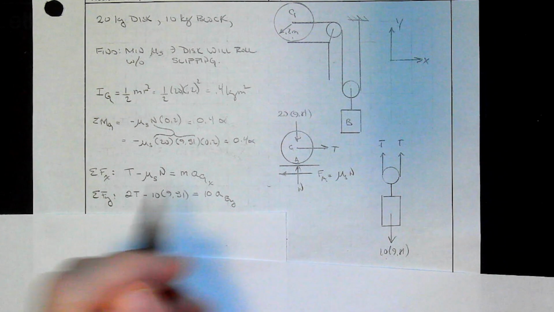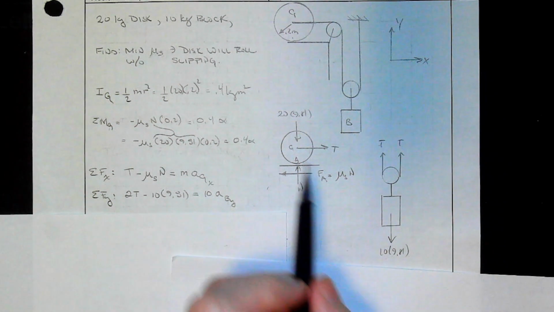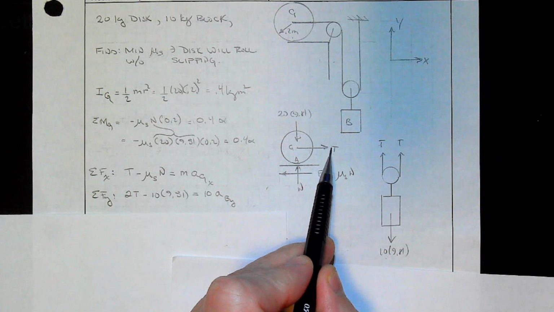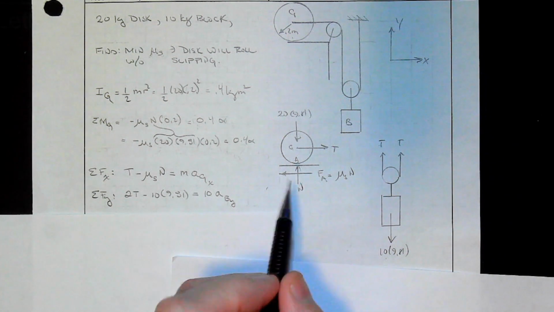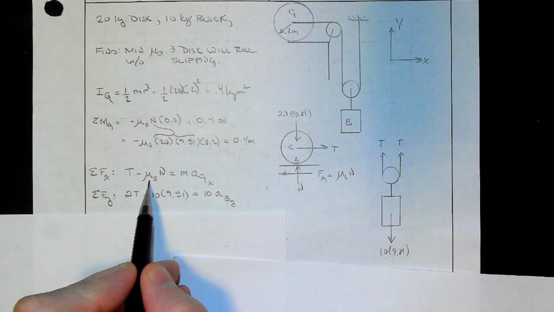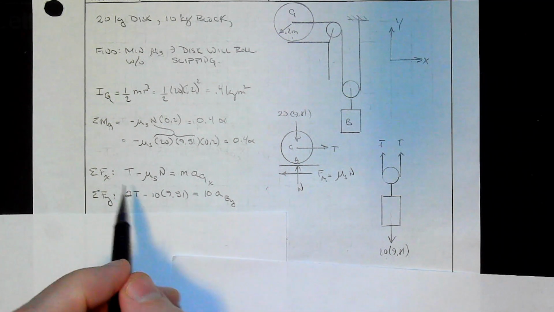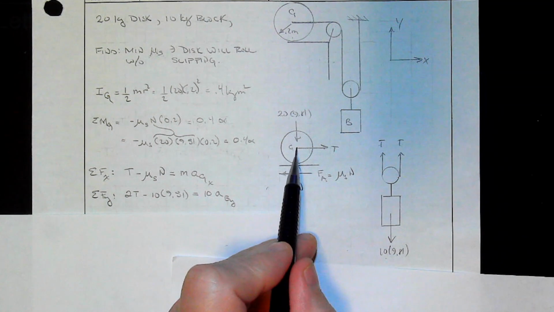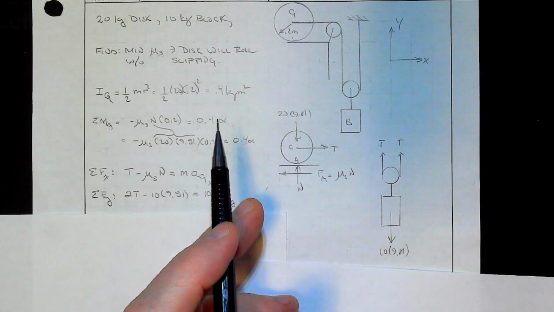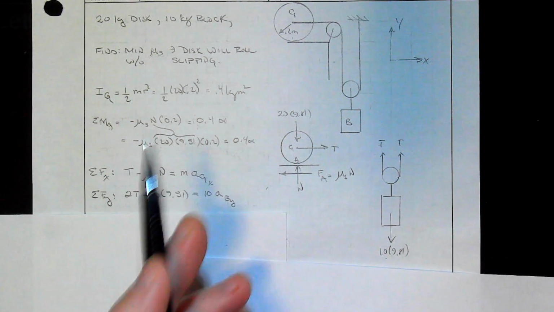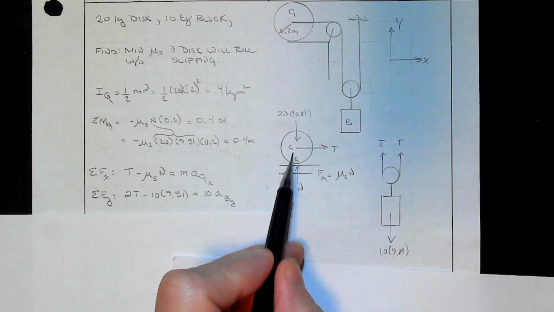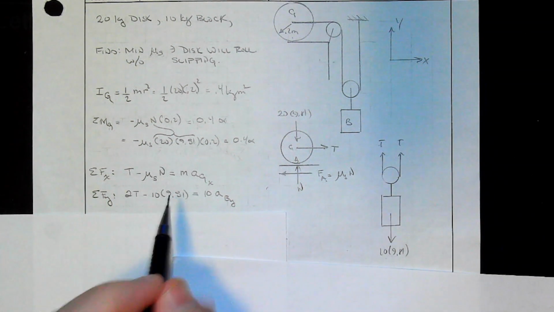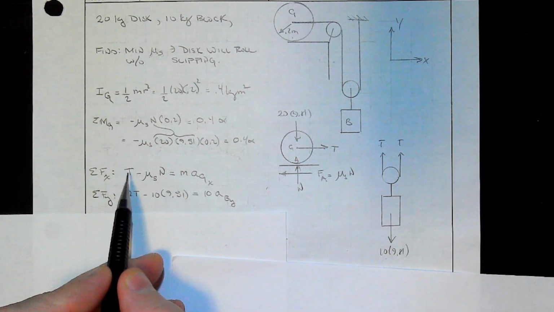Now, we're going to look at the disc one more time, and we're going to sum forces in the x. So we have a force T going in the positive x. Friction goes in the negative x, so μSn, equals mass times acceleration of the disc in the x. It will have no acceleration in the y. It's not falling through the table and it's not jumping up. But doing this, we added another equation and two more unknowns.